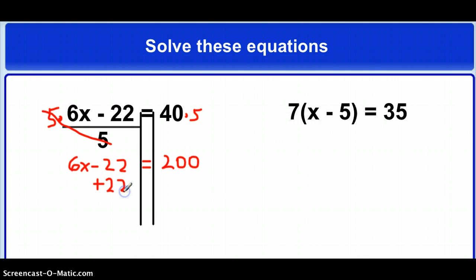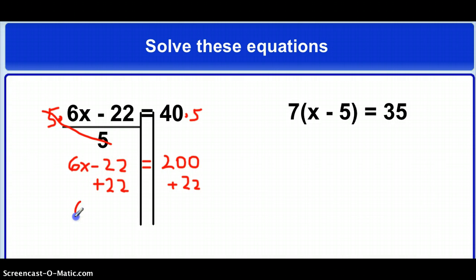So if we add 22 to the left side, we need to add 22 to the right side as well. So when we go ahead and do that, we now come up with, again, this subtracting 22. You can think of it as a negative 22 if you want. The opposite of that is a plus 22. Whatever sign you have here, you're going to do the opposite. So if you're subtracting, you're going to add. If you're adding, you're going to subtract.